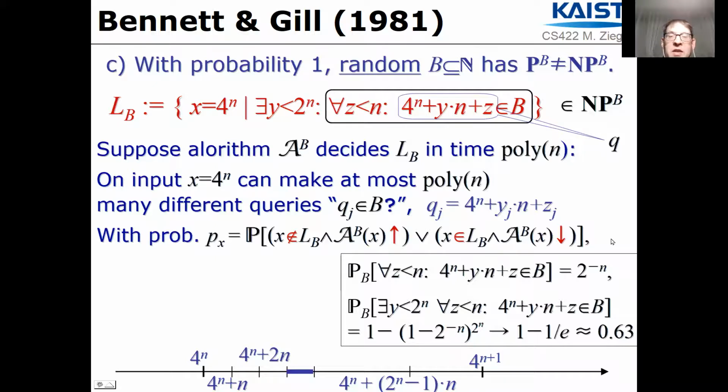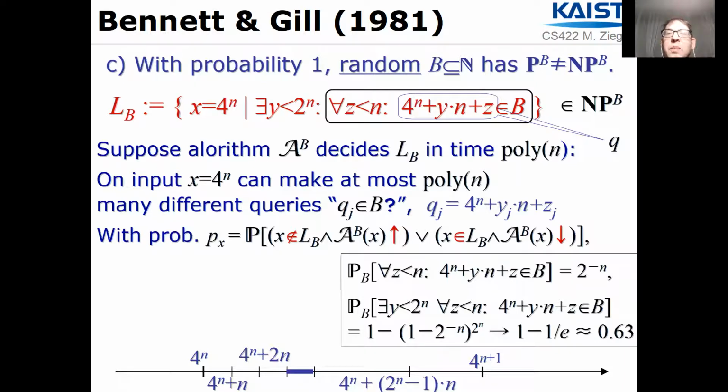So the statement that we are going to prove is that the probability of this complicated event is bounded from below by a constant. Now, what does this complicated event mean intuitively? There are two cases. The first case: we're considering again input x of the form 4 to the n. The probability that this input does not belong to the decision problem LB, yet the algorithm with oracle B accepts it. That's the upward arrow, right? Upward means accepted.